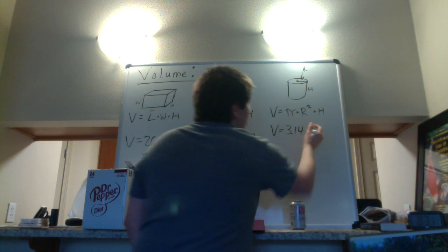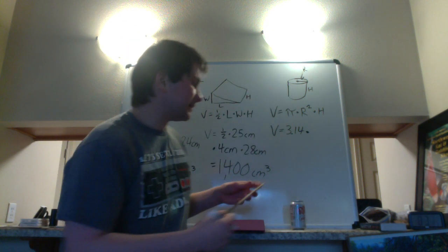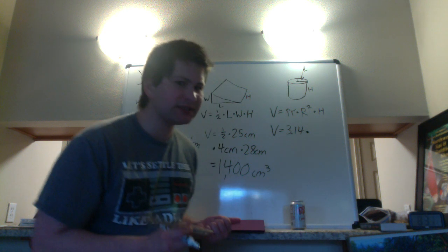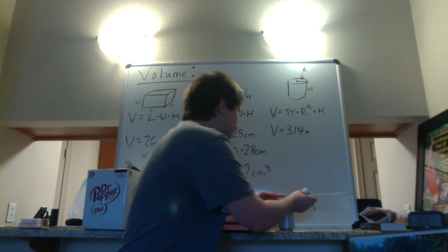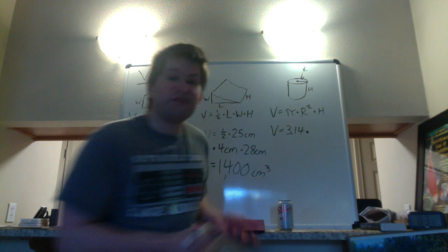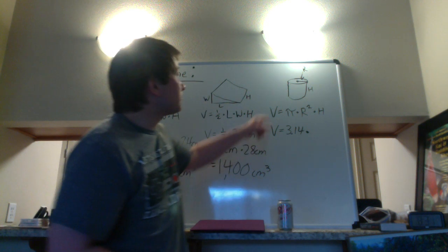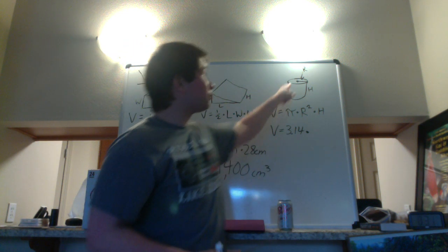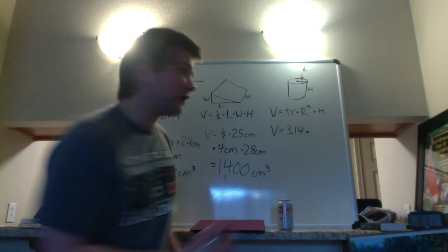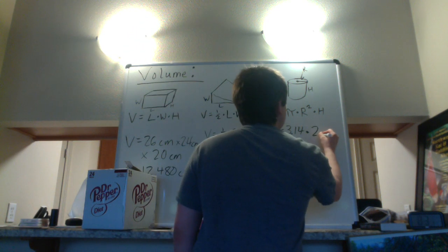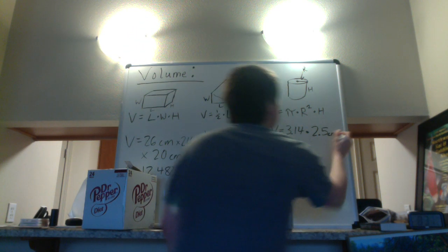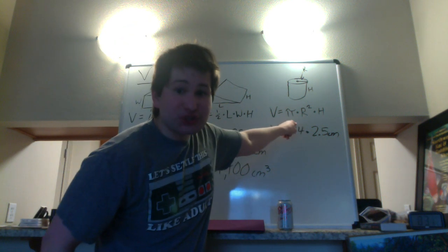And then we're going to multiply by the radius. I think it's easier to measure the diameter first, which happens to be 5 centimeters, and then I'm going to cut that in half so I get the radius length. So 2.5 centimeters. Now it says radius squared.